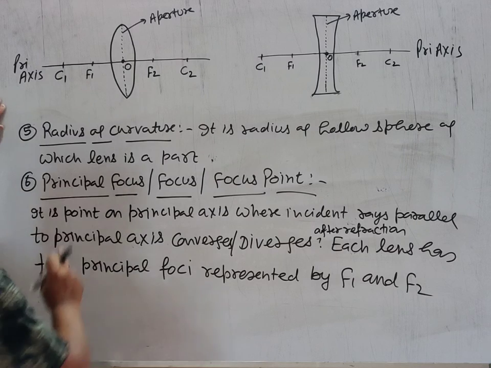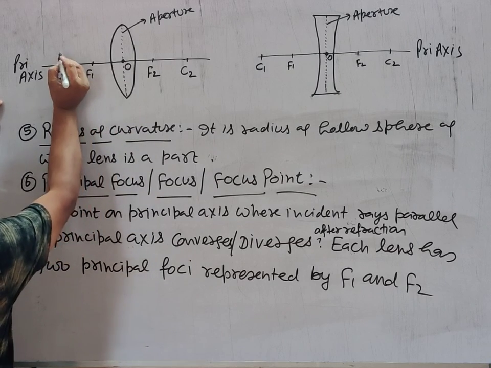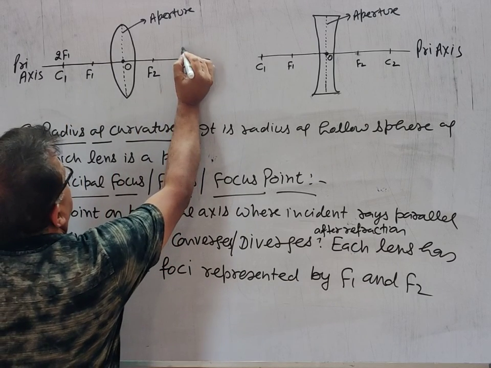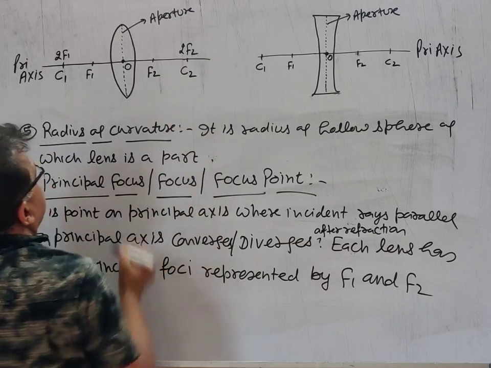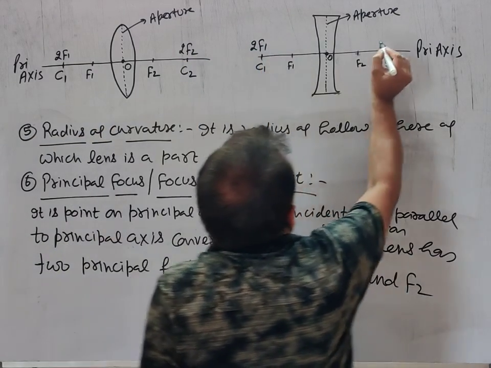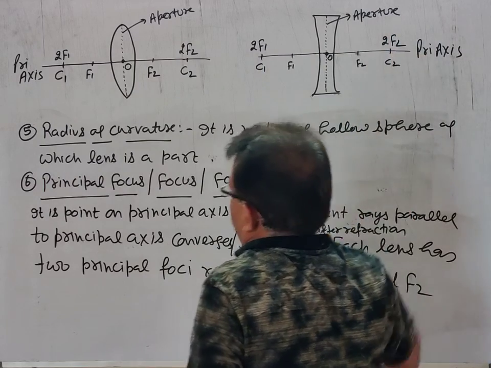So this C1 or C2 is also known as 2F1. It is at twice the distance of F1. It is also 2F2.